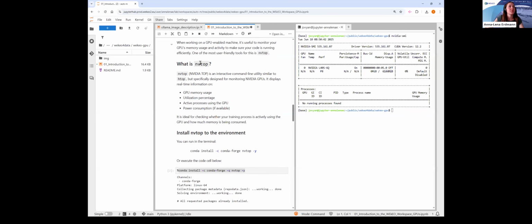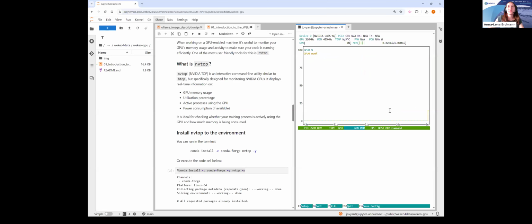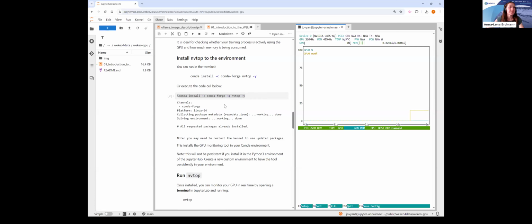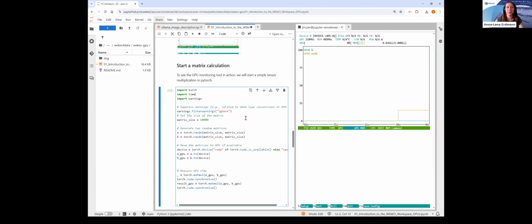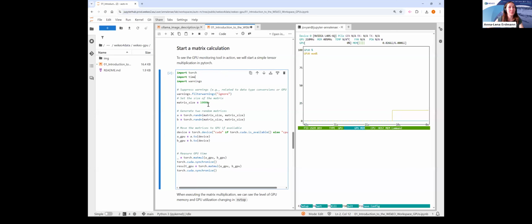Another very useful tool is NVTop. I will quickly start that, because here you can see the usage of your GPUs. And we can quickly try it out with a matrix multiplication.